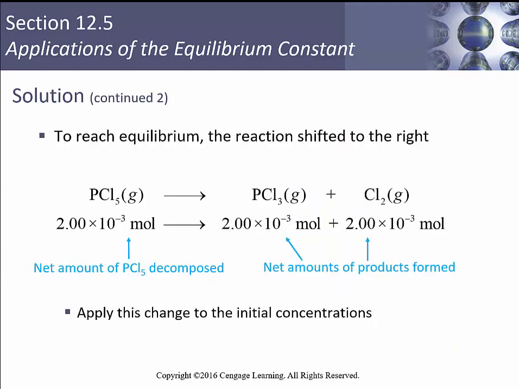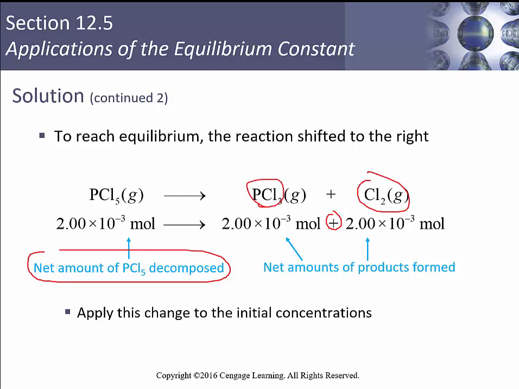So to reach equilibrium, the reaction shifted to the right. It had to because we had no chlorine. There was no choice. So we needed to decompose some of our pentachloride, and we're going to gain, a little plus symbol, 2 times 10 to the minus 3 moles of the phosphorus trichloride and the chlorine gas.